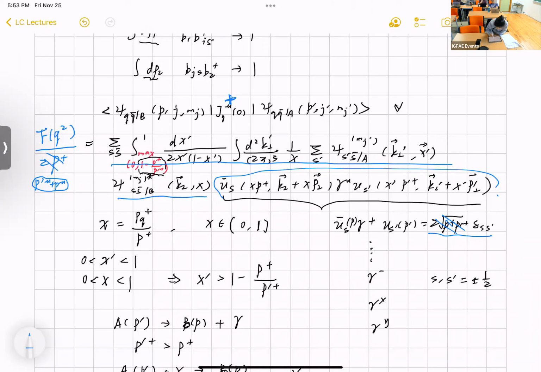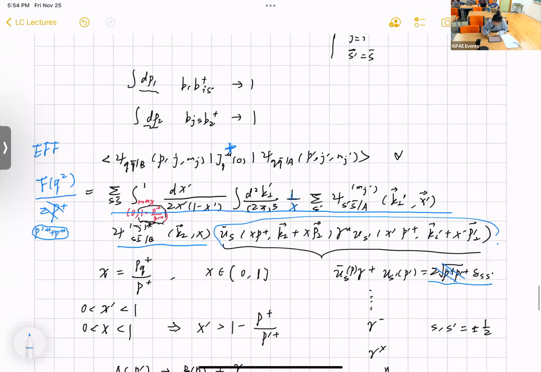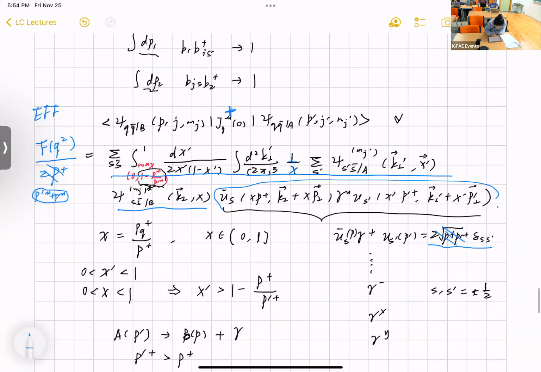So it's a convolution of the wave function. Sorry, this is the elastic form factor: the convolution of the wave function with this factor of 1 over x. The difference between the two centers of the wave function is k perp prime and k perp.